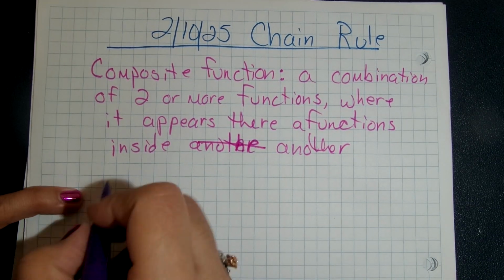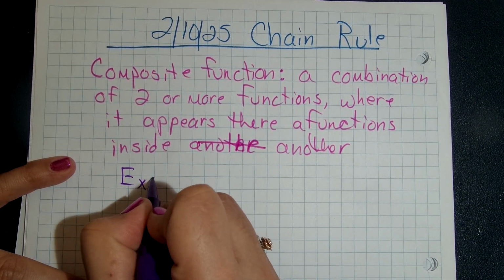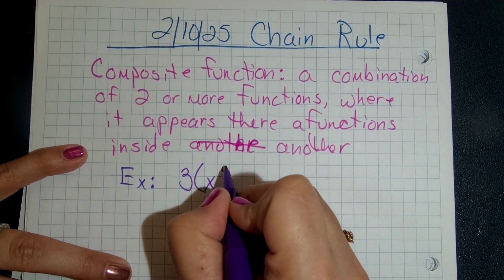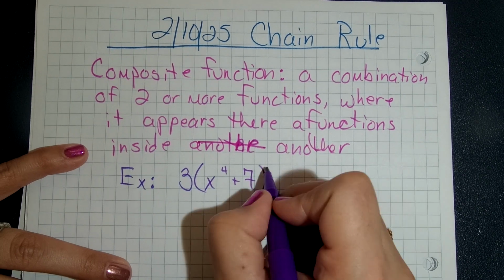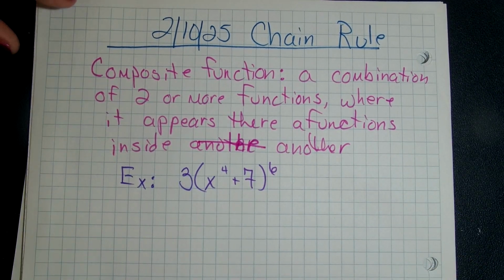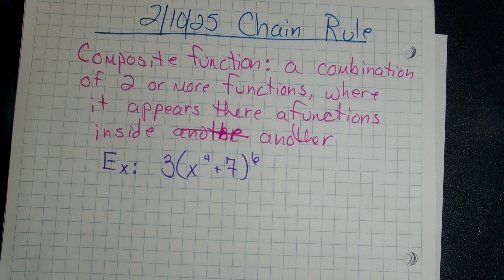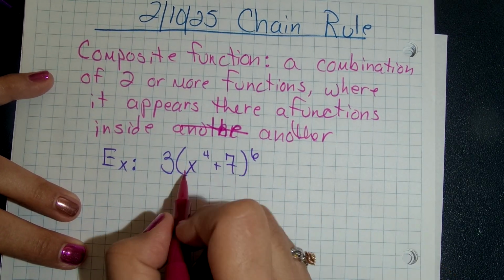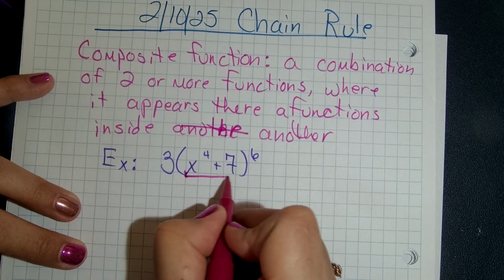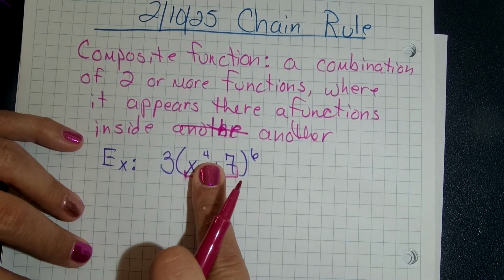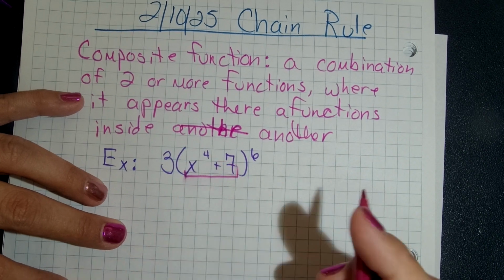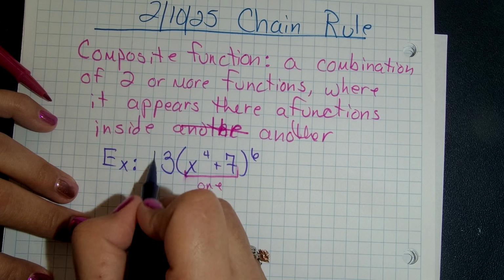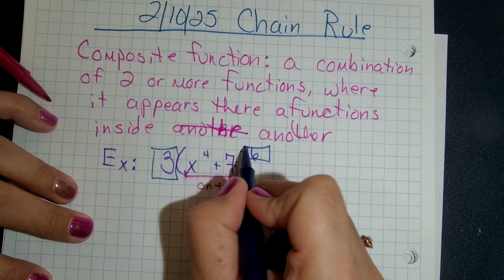All right, so an example of a composite function would be 3x to the 4th plus 7, all to the 6th. So one function we have, am I going too fast? Okay. One function we have is x to the 4th plus 7, because this could be its own thing. And the other function we have is the 3 and the 6.